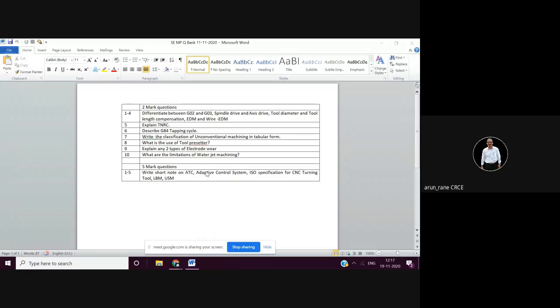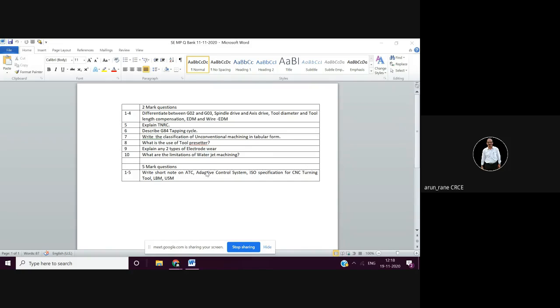So again, here also the diagram is a must. In 5 mark questions, the diagram carries minimum 1 mark and maximum 2 marks, depending upon the complexity. Like in case of automatic tool changer and in case of adaptive control system, the diagram plays a very important role. A proper diagram with labeling, and in both the cases, the diagram will carry 2 marks.